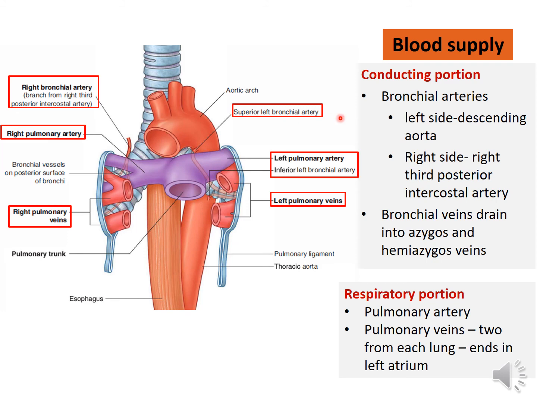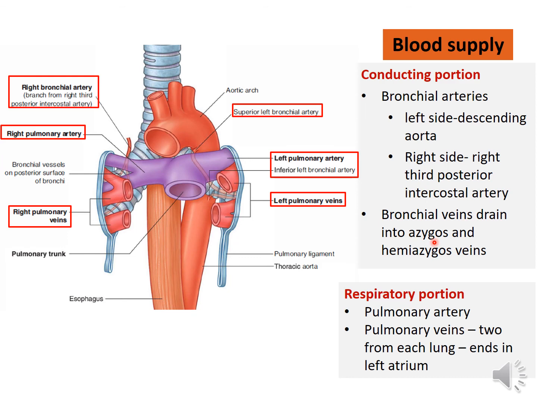You can see the superior left bronchial artery and inferior left bronchial artery. On the right side there is only one bronchial artery, the right bronchial artery. It arises from the right third posterior intercostal artery. So the right bronchial artery is a branch of the right third posterior intercostal artery.